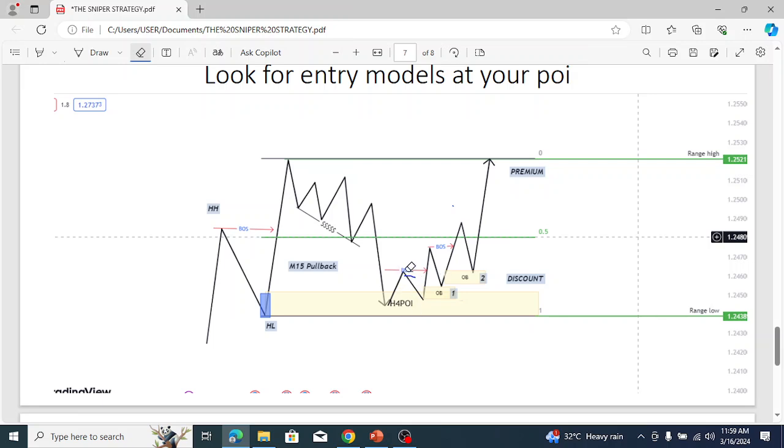So this is the impulse that broke this structure, a successful retrace that broke a structure. So this is the confirmation entry. This is the risk entry number 1, and this is the confirmation entry number 2. You choose any one you want to use for your entry, on the lower time frame.